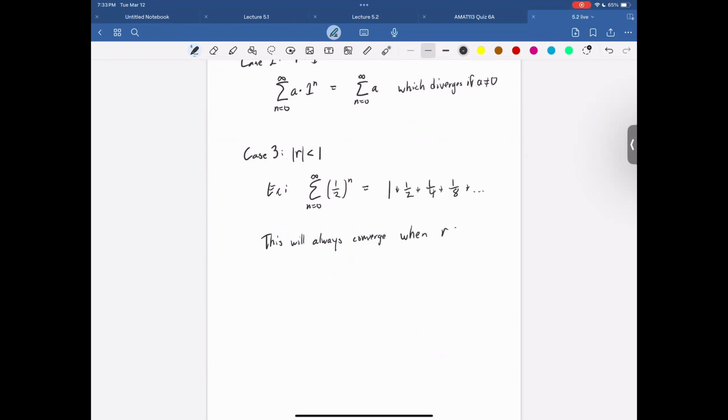Obviously, if r is like -3 or whatever, it will continue to just blow up. It'll just be wild. And conveniently, this has a formula. So this convergence here has a nice formula.